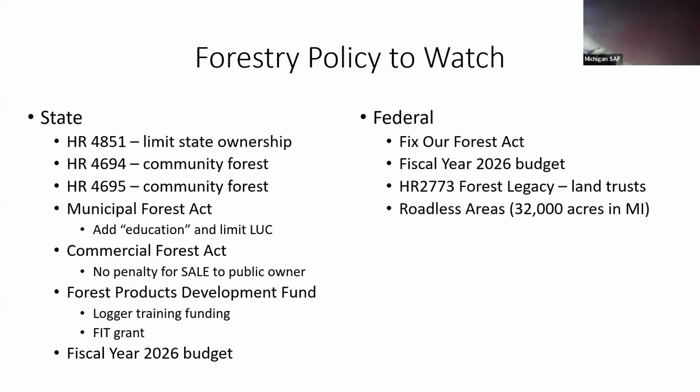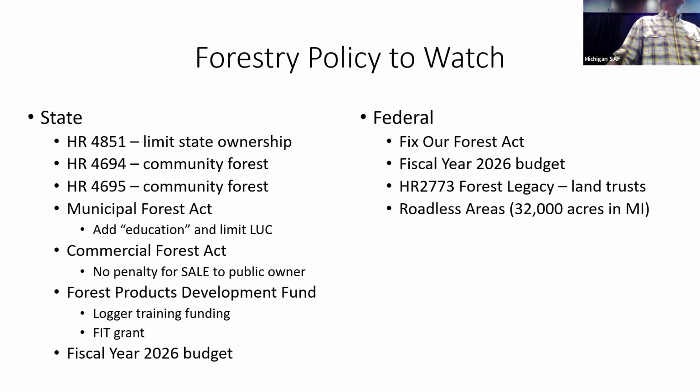Here, how's that? So there's a couple bills out there right now that have been introduced that we've been watching at different levels. And I'd really like to see SAF become more active in policy discussions, especially at the state level, especially with Michigan SAF. Right now, there's a bill out there, 4851, that was introduced in the House that limits the amount of land that the state can own. Now, we already had the state go through different instances of how much land the DNR can own.